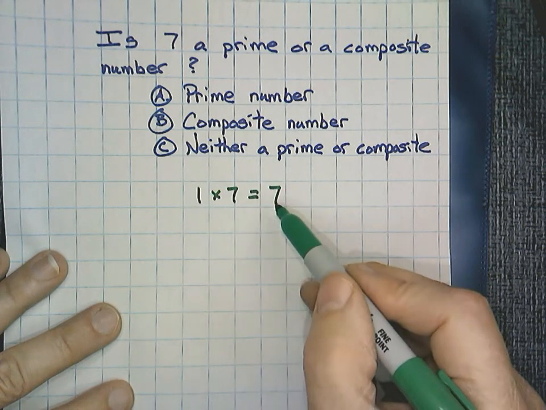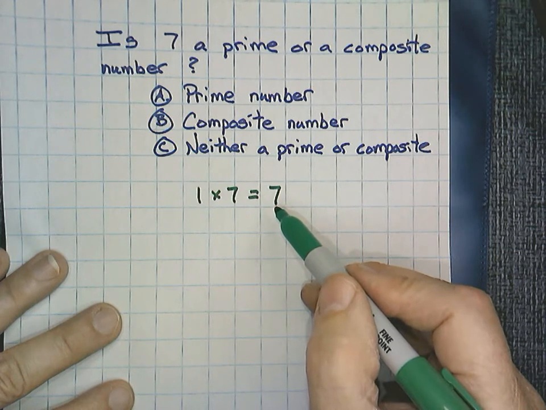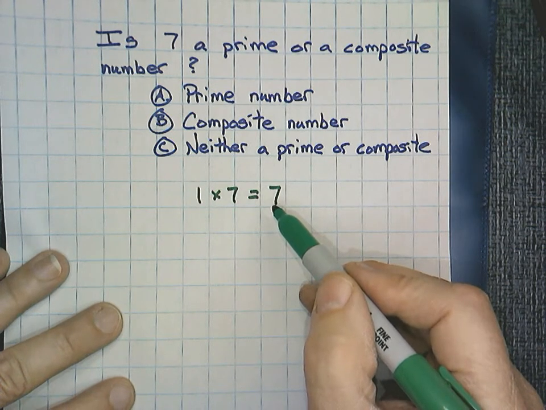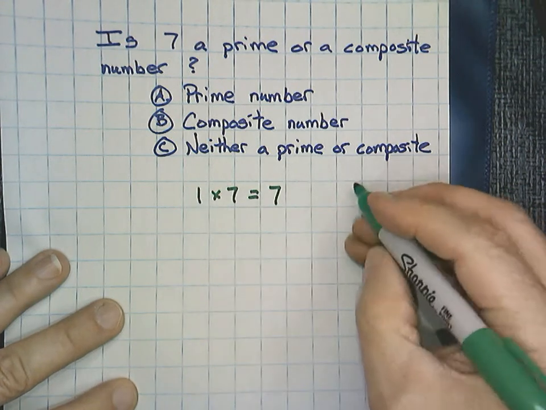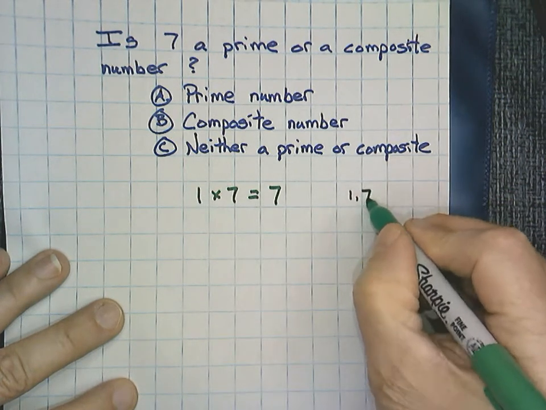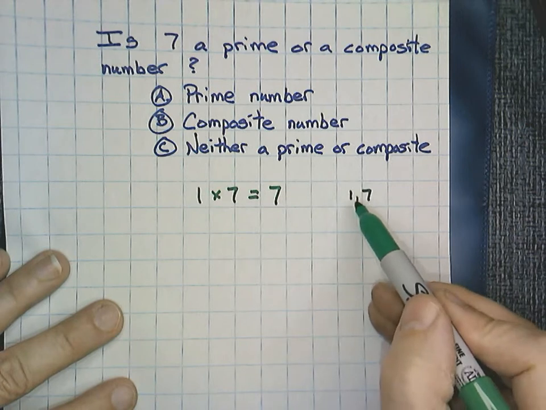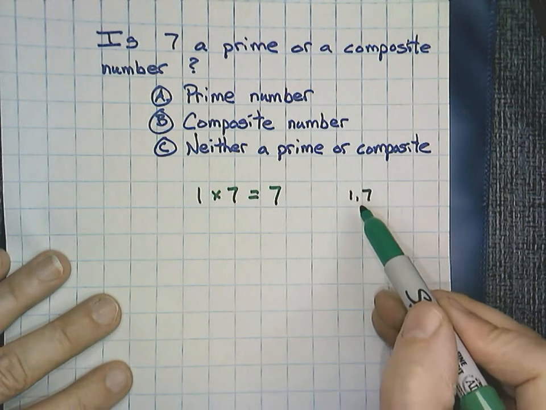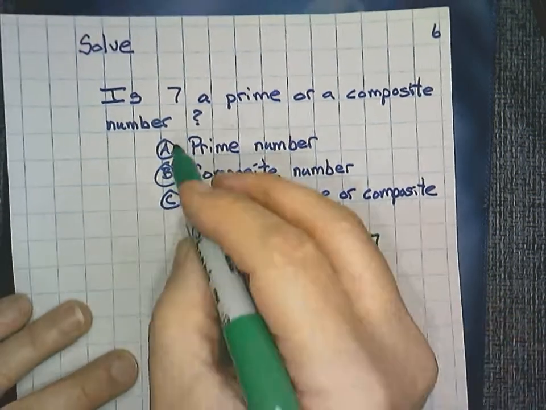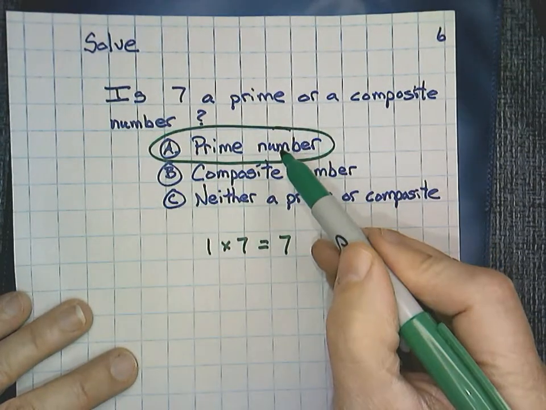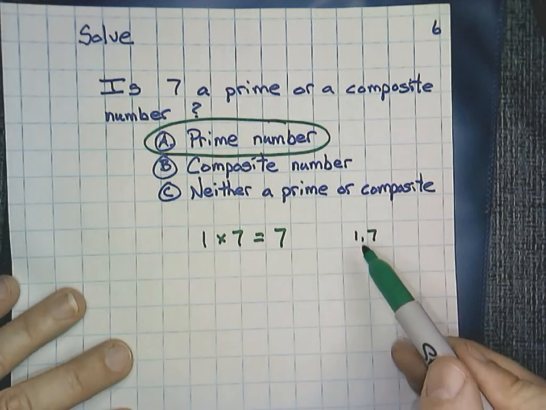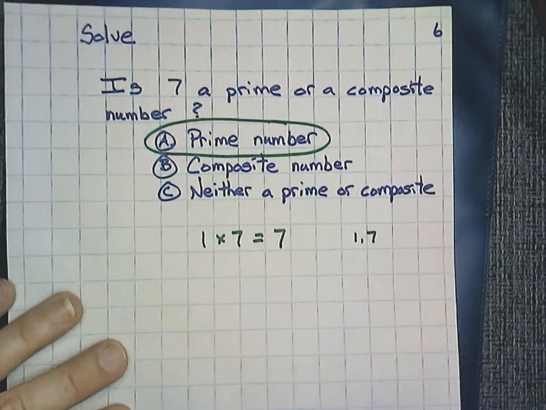We cannot use 3 because 3 times any number does not give 7. So let's write how many factors. I'm seeing 1 and 7. There are only 2 factors, and by definition, this would have to be a prime number because a prime number has only 2 factors.